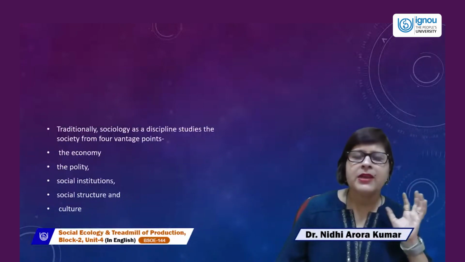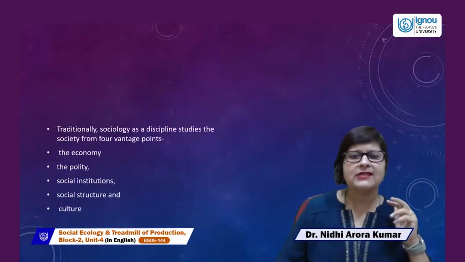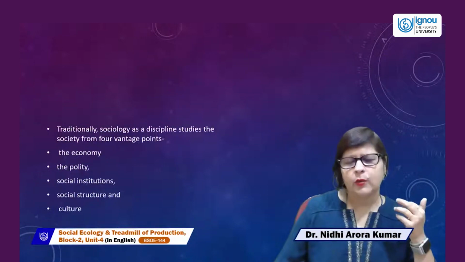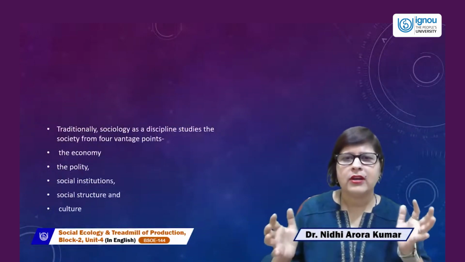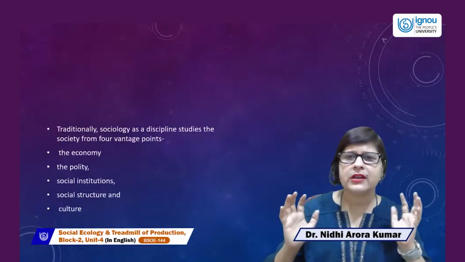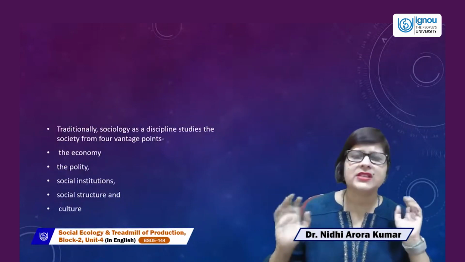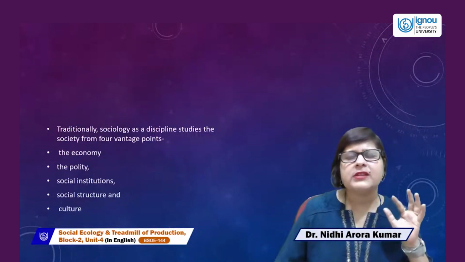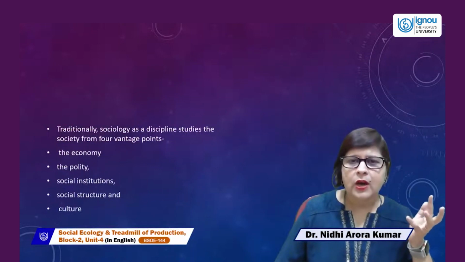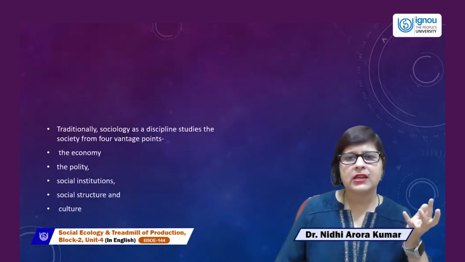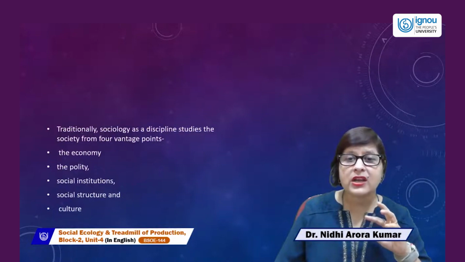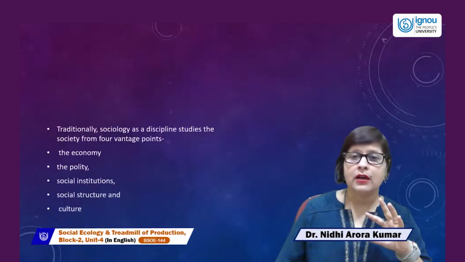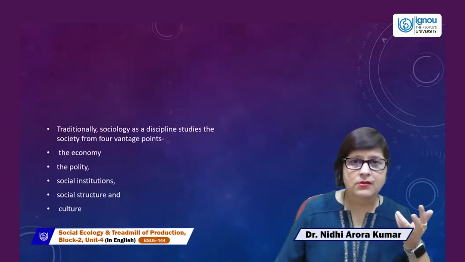These are the main aspects of any human society. We discussed the relationship of sociology with economics and politics in our previous lectures. So traditionally, sociology studies how the economy impacts society, how politics impacts society, and how society impacts politics.